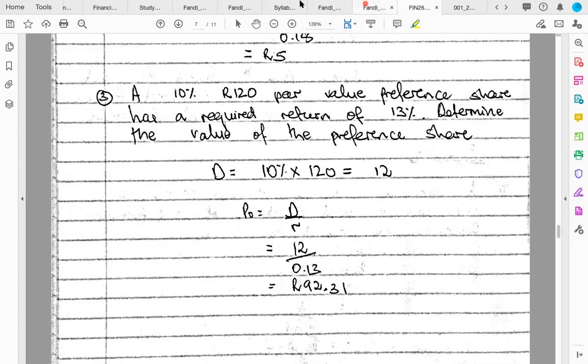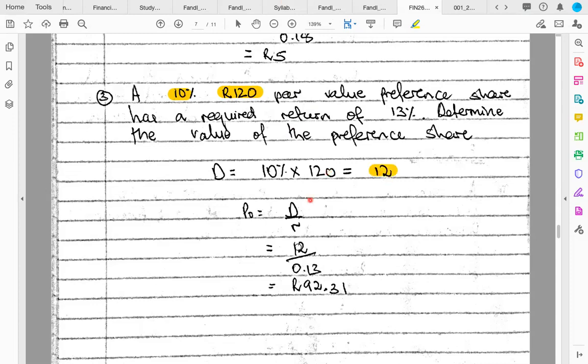So what we would do, we would start by determining the fixed dividend associated with the preference share. We would simply take the percentage of the preference share, multiply that with the par value of 120 Rand, and we get 12 Rand.